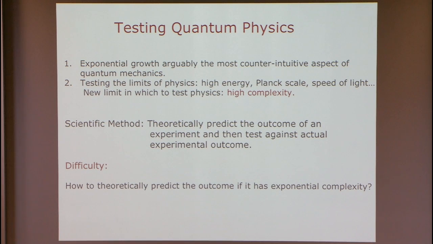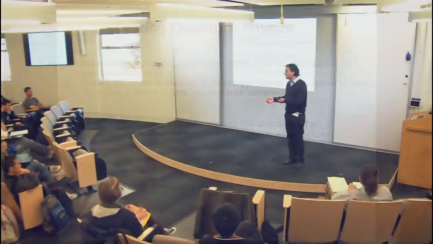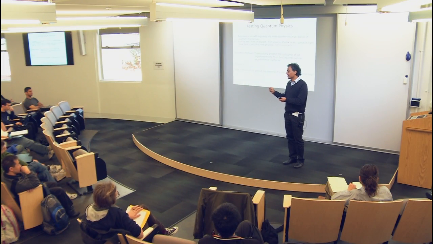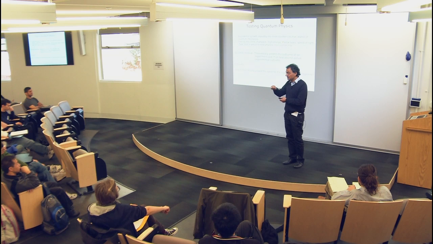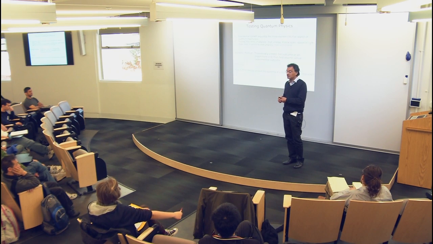and see whether it really does exhibit this kind of exponential complexity. And well, when you think about this, you immediately realize that, in fact, there's a problem, because this high complexity which you want to test also precludes you from doing a test. Because if you were going to use the standard scientific method, what you would do is you would first design an experiment, you'd sit down and calculate what the outcome should be, and then you'd go perform the experiment, hopefully, and then check to see whether the outcome was exactly what you predicted within experimental error.